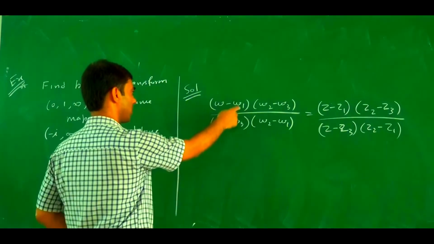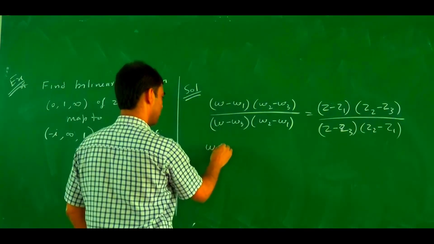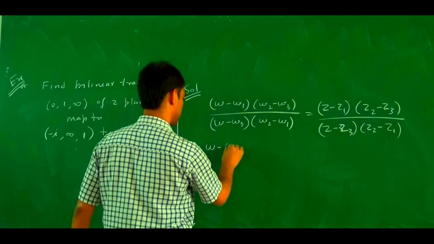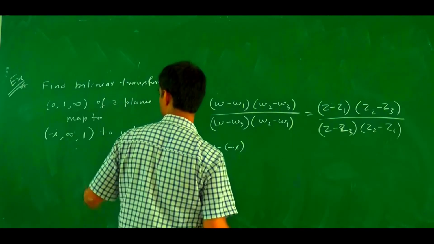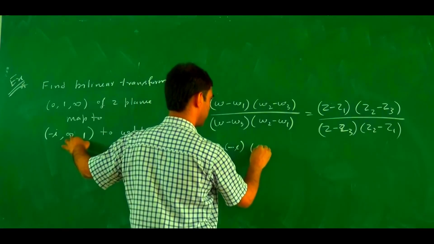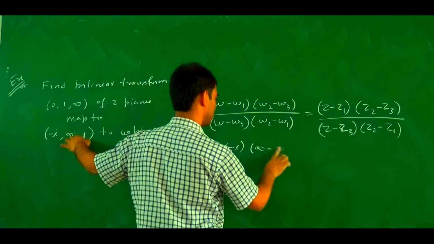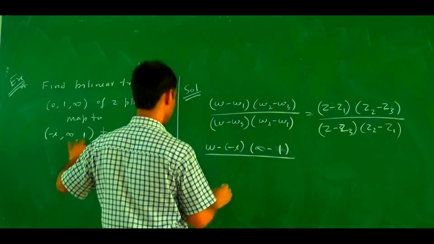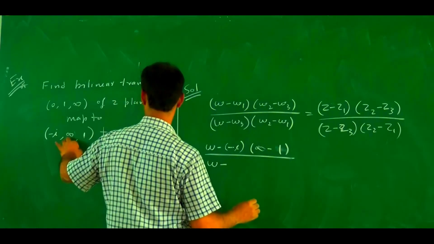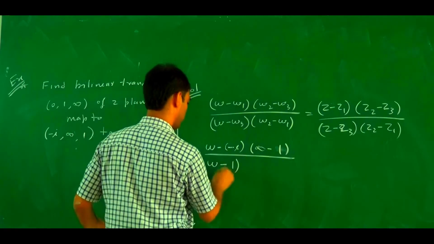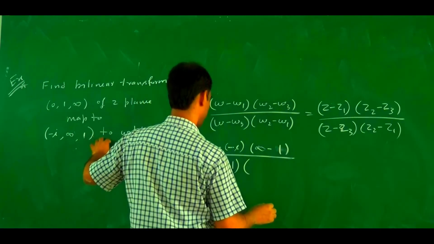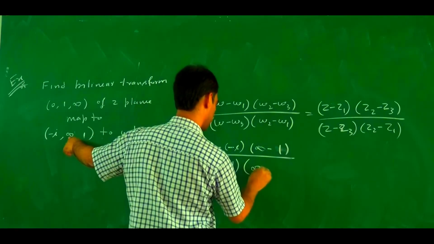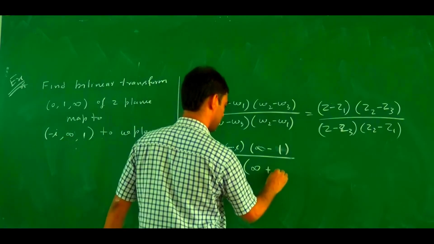So here, what is the value of w1? w1 is minus i, so this becomes w plus i. w2 is infinity, so infinity minus w3. What is the value of w3? w3 is 1, so w − 1. w2 minus w1 is infinity plus i.